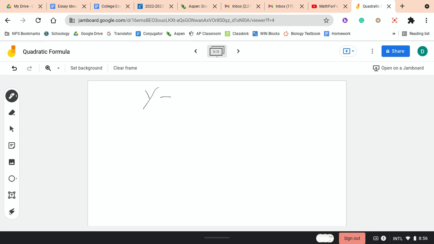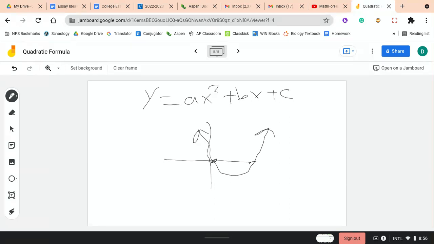So if we have our general quadratic, y equals ax squared plus bx plus c, this graph or this function is going to intersect the x-axis, and I'll just draw some random quadratic. That's terribly drawn. It's going to intersect the x-axis whenever its y-coordinate is 0, because you'll see that the x-intercepts exist at a height of y equals 0.